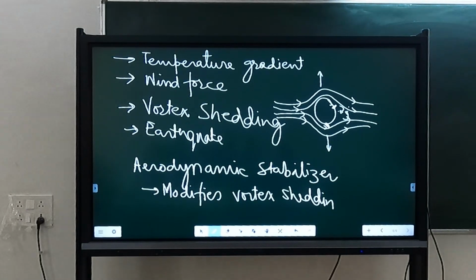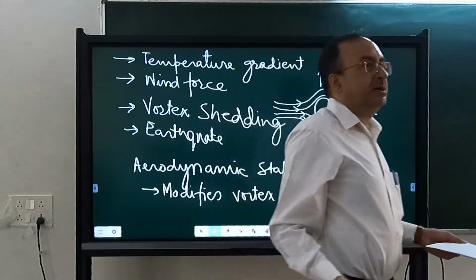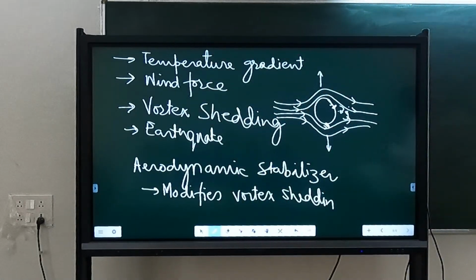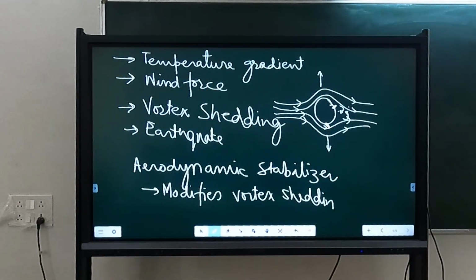So you have to create some turbulence so that the gap is not there and vortex shedding is not taking place. If you can achieve that, then this problem can be solved. So these simple devices can also do that. When we are talking about tall buildings, this problem is there also.